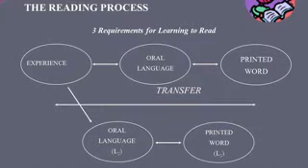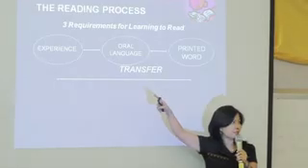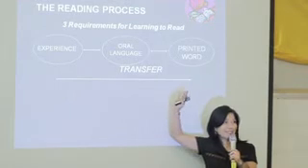Who would like to tell us why it's called transfer? Anyone? Because the child is learning that oral language can be put down in print, and print can be read and spoken. There is the transfer from the two circles. Okay, is that clear? Would that be very clear for us?